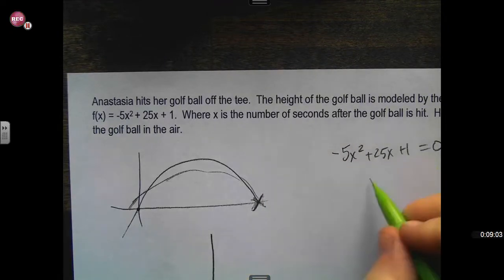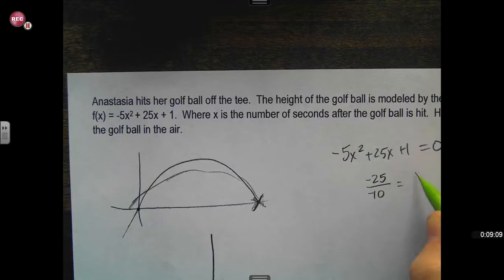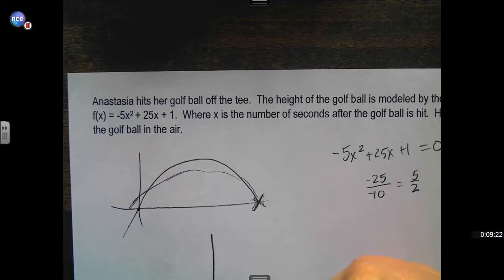I can find the vertex, which would be negative 25 over negative 10, which is 5/2. And that 5/2 is going to be approximately here.